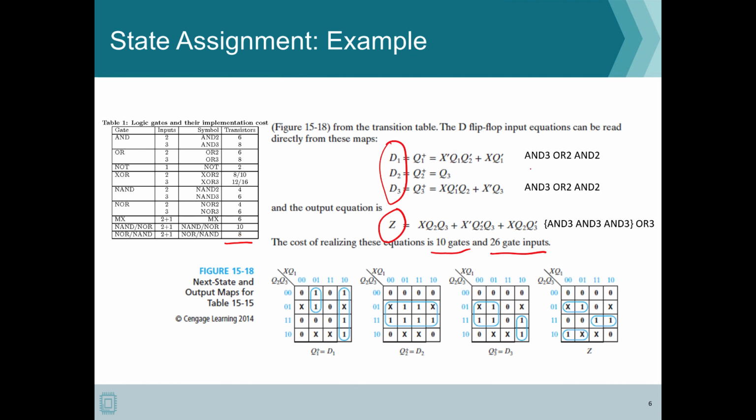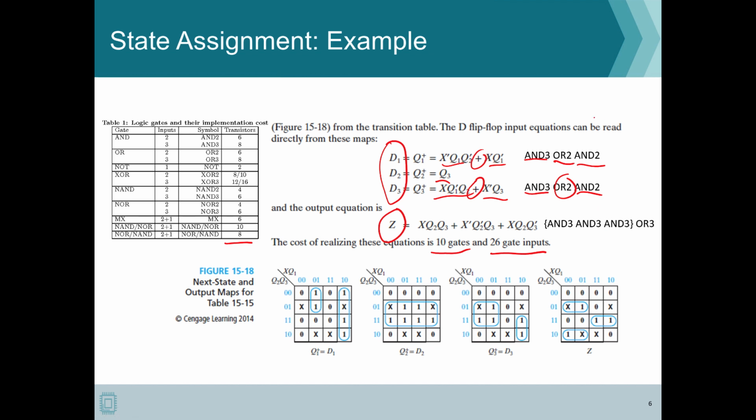Here you have a 3-input AND gate and then a 2-input AND gate, and these two are connected by a 2-input OR gate. This one doesn't have any gate.